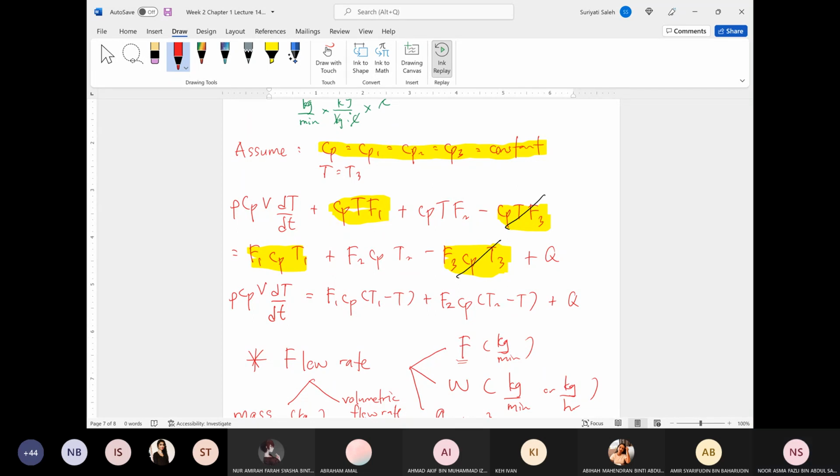However, in the derivation, you can see that we assume all the Cp has a constant value. We assume all of the components have one value only. Why do we do that? Because to simplify. So in this case, normally, the Cp will be given directly. You don't need to find the Cp for each component.